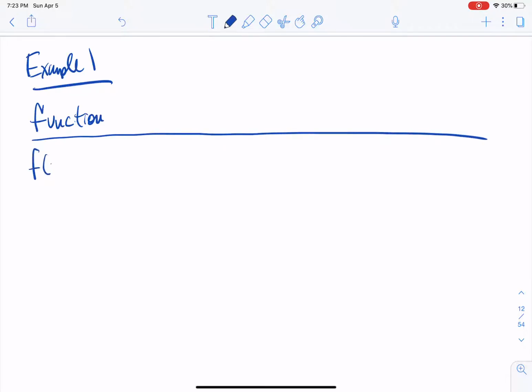For example, we're dealing with e to the x. And then we're going to find the function value specifically at x equals 0. So function value. This is going to be f of 0, e to the 0, which is equal to 1.